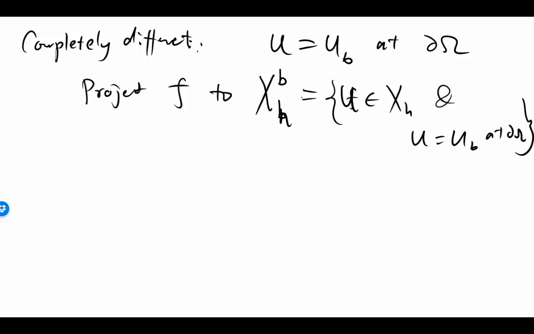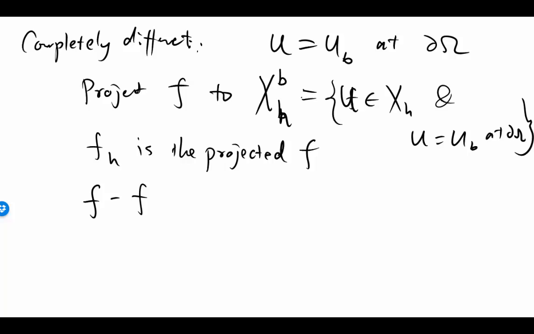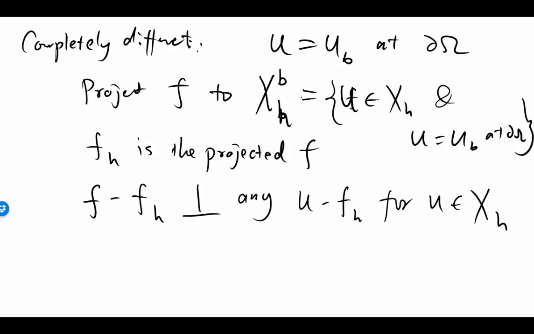What I'm doing is saying, let's say fh is the projected f. What makes fh the projected f is the fact that fh is the closest element in Xh to f. Or in other words, f minus fh is orthogonal to any u minus fh for u also in this Xh.